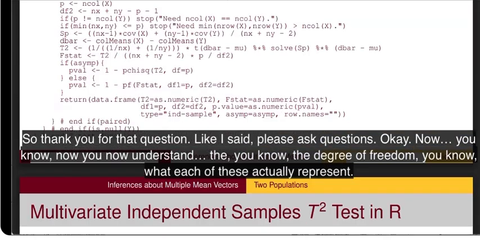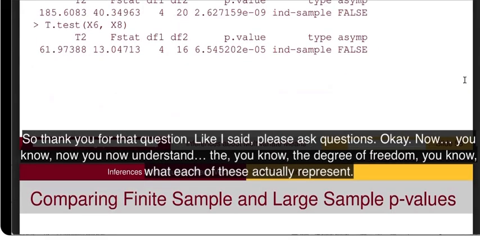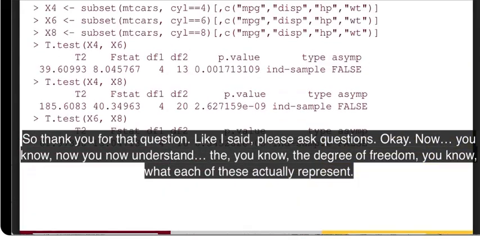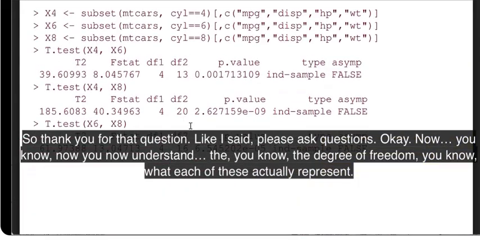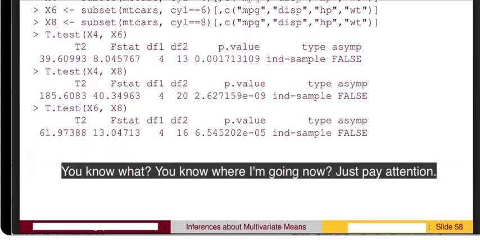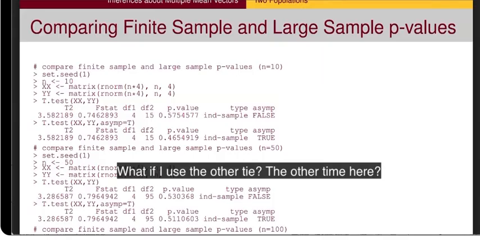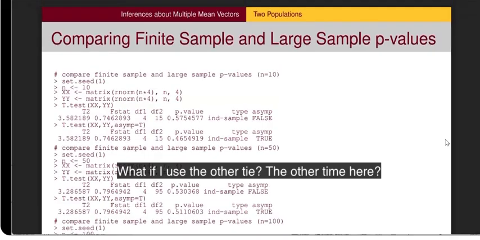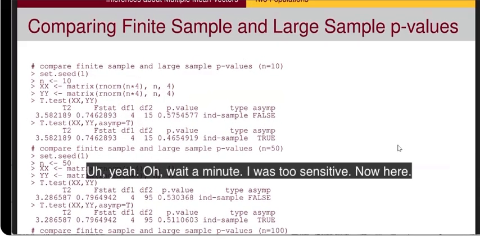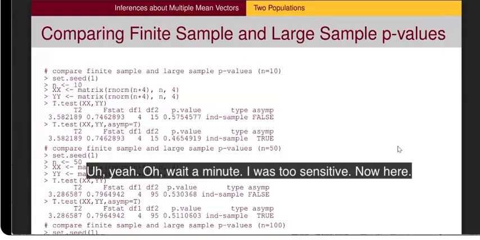Okay. Now you understand the degrees of freedom, what each of these actually represents. You know where I'm going now. Please pay attention. What have I used the other time? Oh, wait a minute. That's too sensitive.